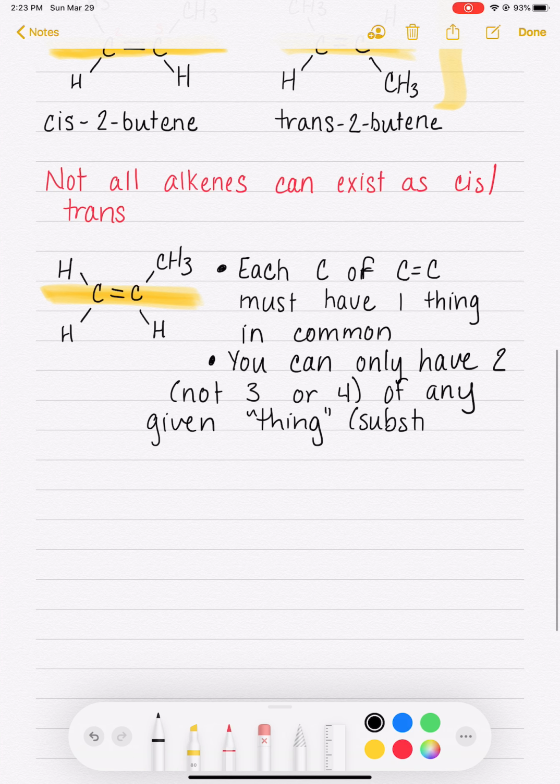You cannot have 3 of the same thing. In that case, you're not going to be able to have a clear cis or trans relationship.